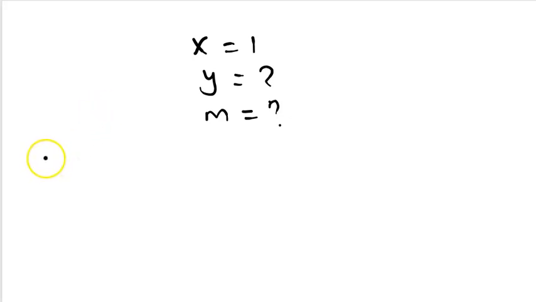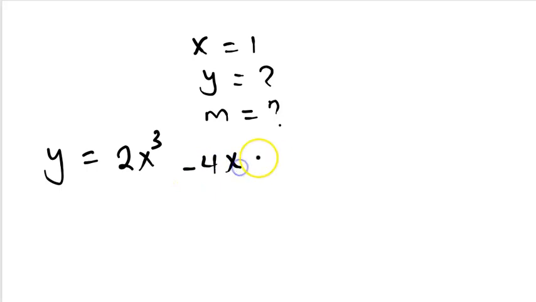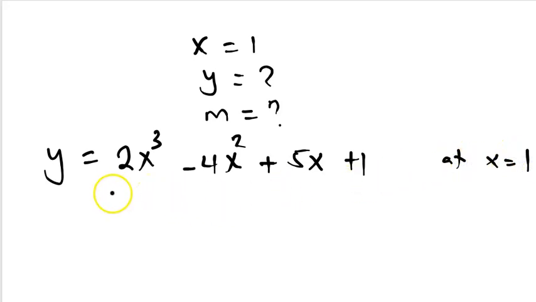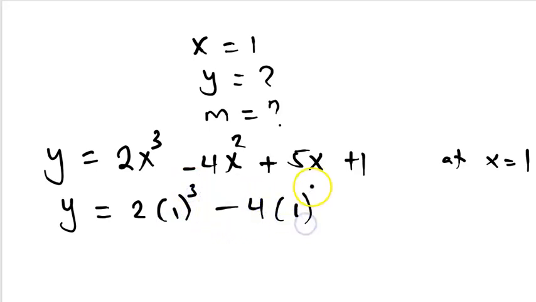We have the equation. Let me rewrite the equation. y is equal to 2x cubed minus 4x squared plus 5x plus 1 at x is equal to 1. So let's substitute the value of x in this equation in order to find y. So y is equal to 2 times 1 cubed, because that's the value of x, minus 4 times 1 squared plus 5 times 1 plus 1.